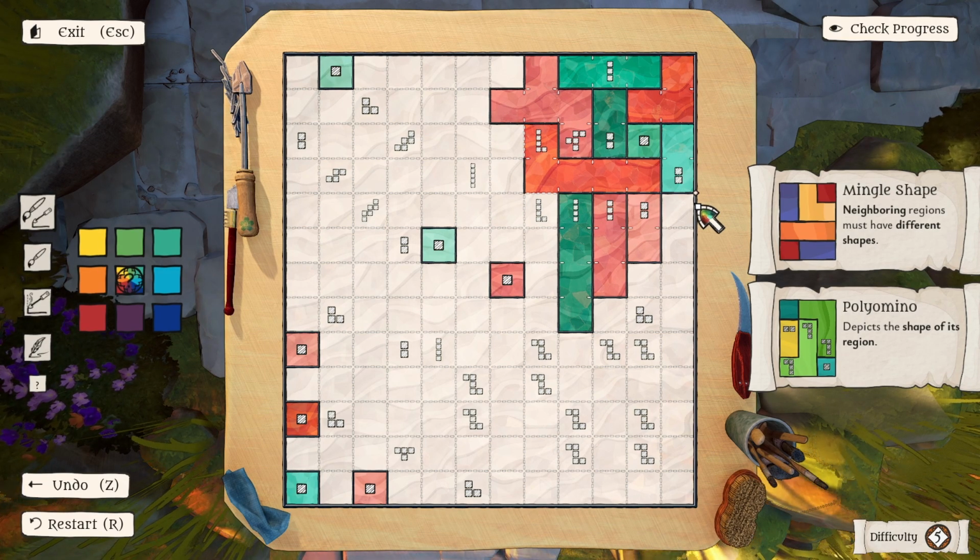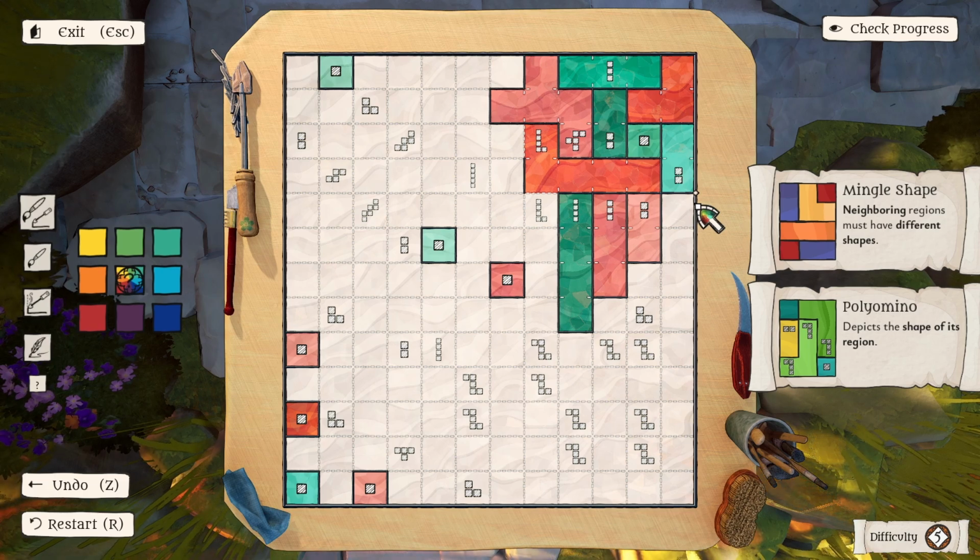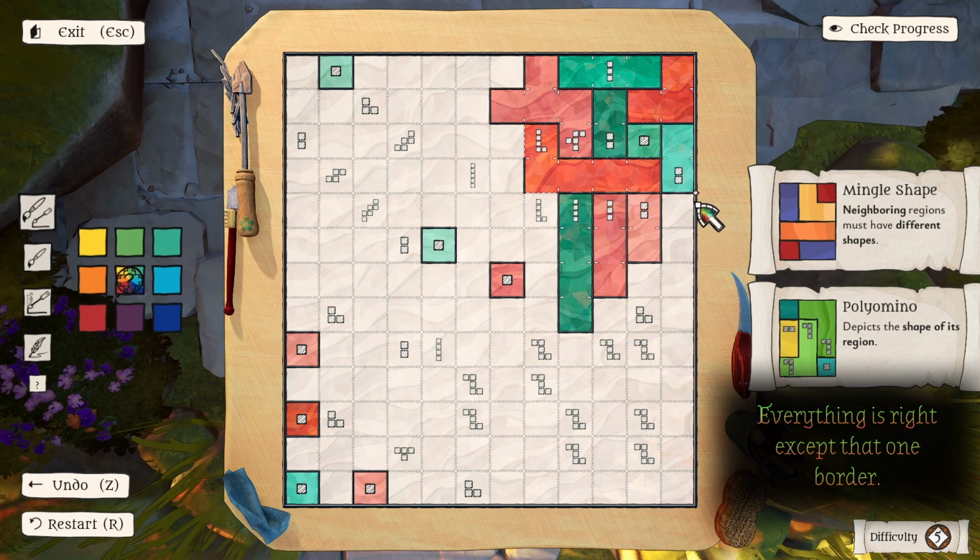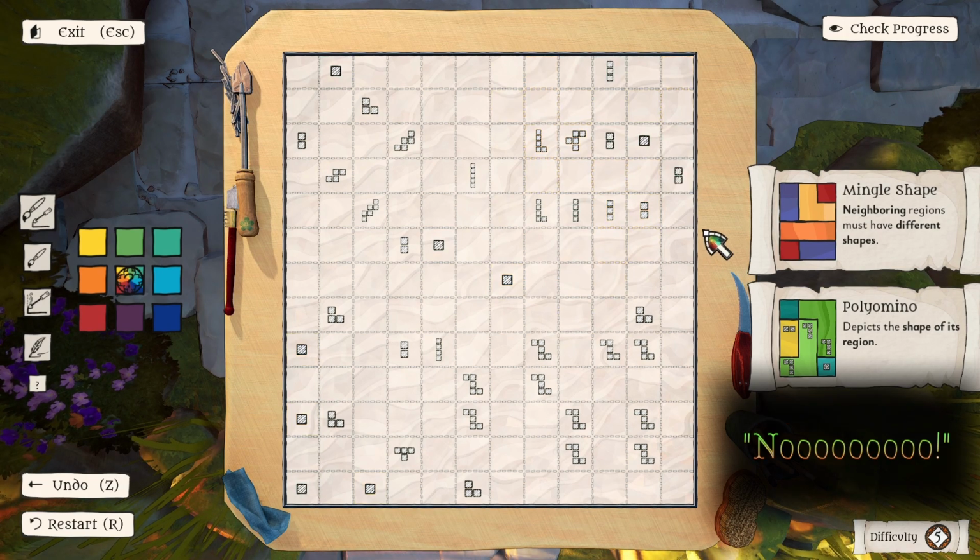That means that everything here is wrong, and I should just hit the R and restart.